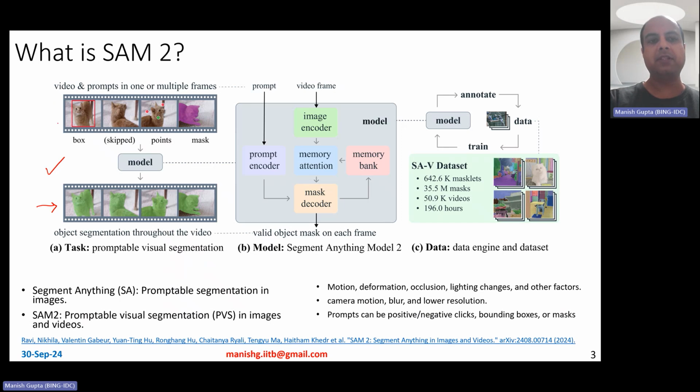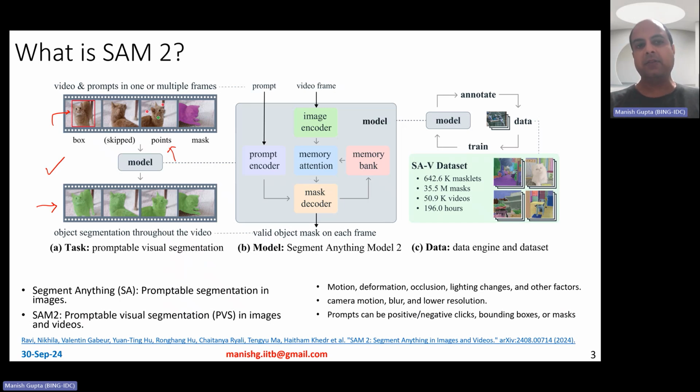For example, the user here has specified the big box as a prompt or input to say what they want to be tracked. In some other frames, they can also specify prompts in the form of points. The user can say that, yes, this is a positive green point, saying I do want to track the cat. And then the negative red points outside say that, hey, the background is not what I want to track.